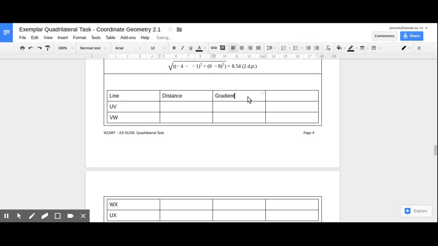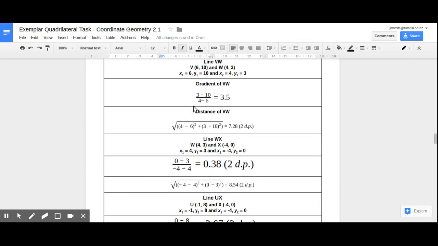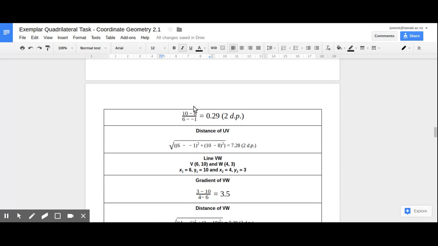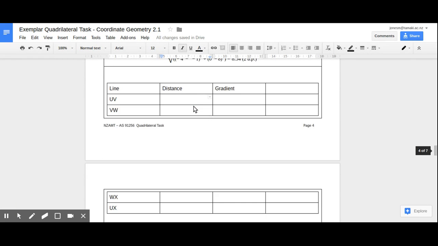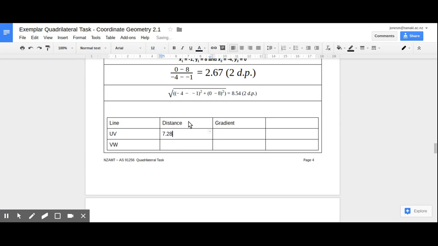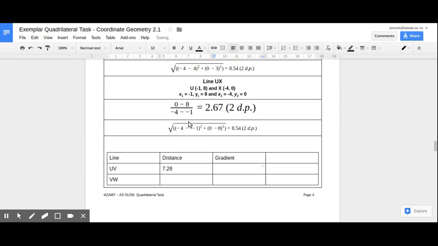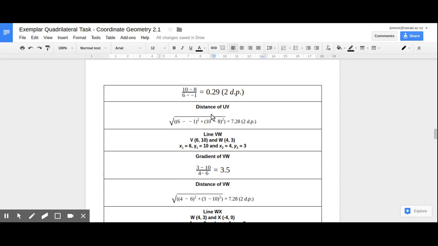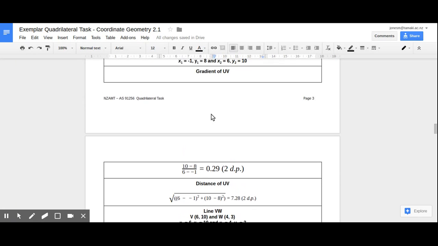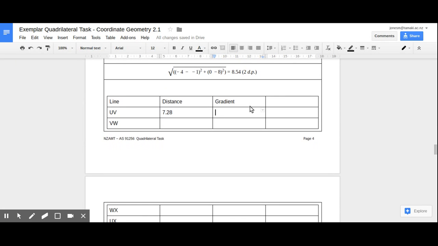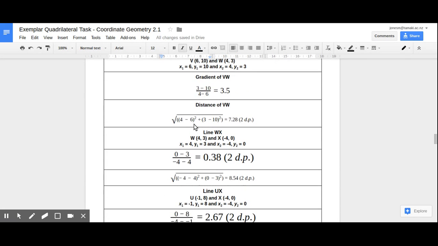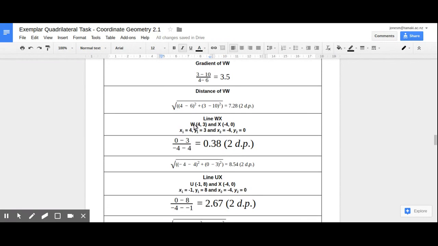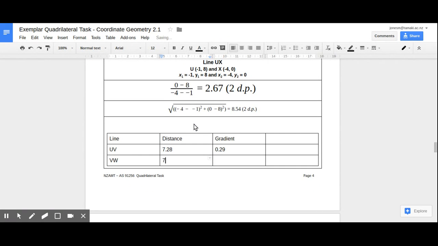So I'm just going to copy in the distance for UV. The distance for UV was 7.28, and the gradient of UV was 0.29. Distance of VW, 7.28, and the gradient was 3.5.